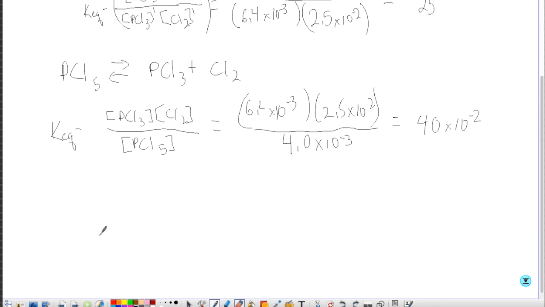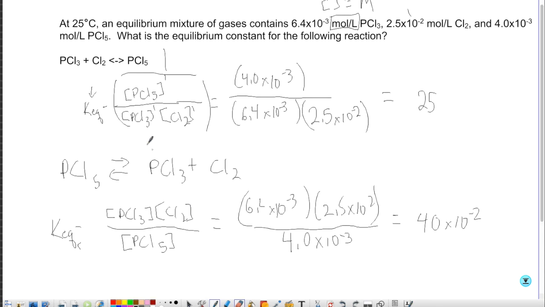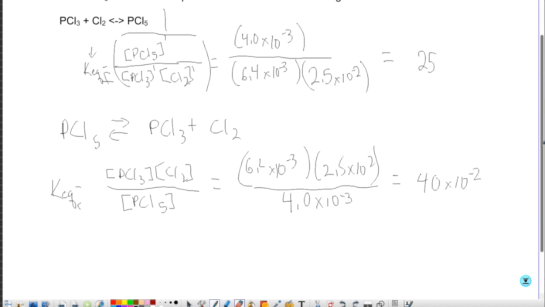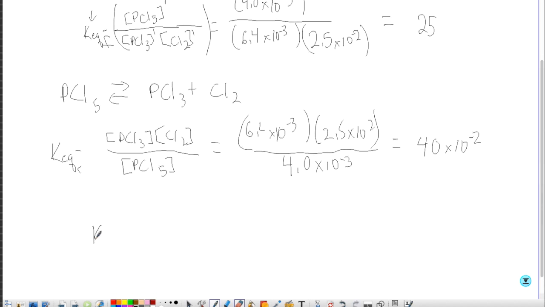So notice, if I label this for the reverse direction and this for the forward direction, I can say that KEQ forward equals 1 over KEQ reverse.